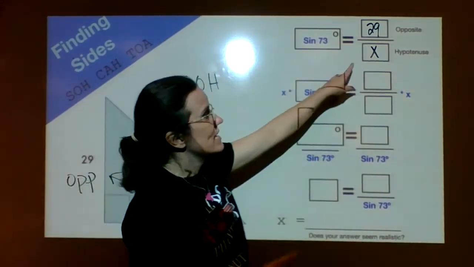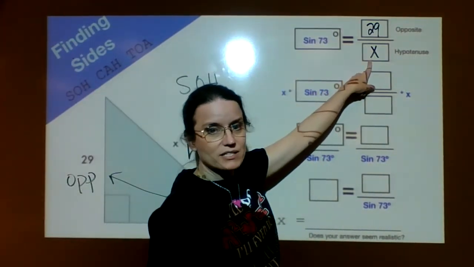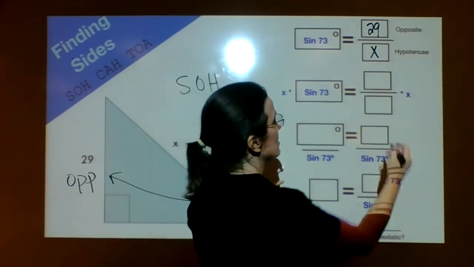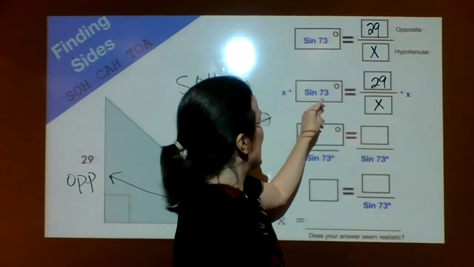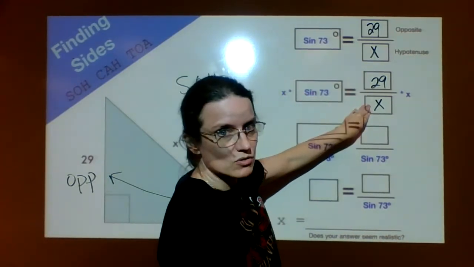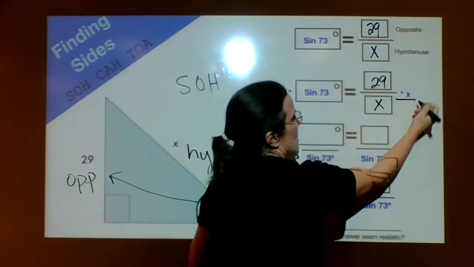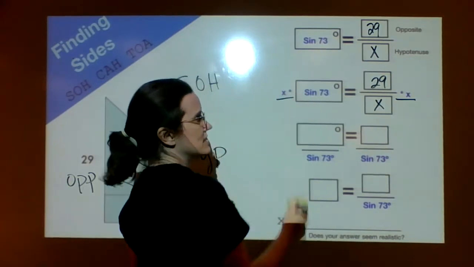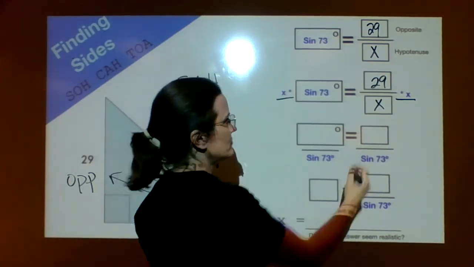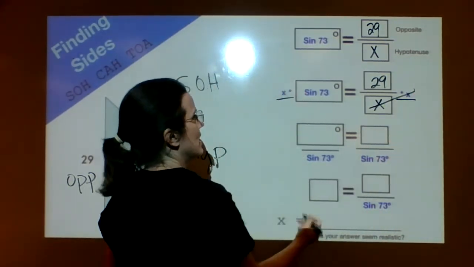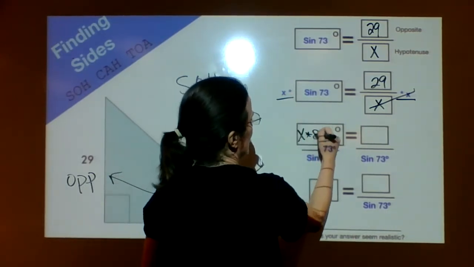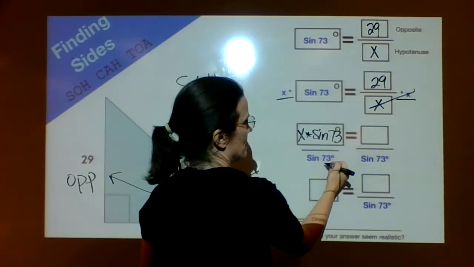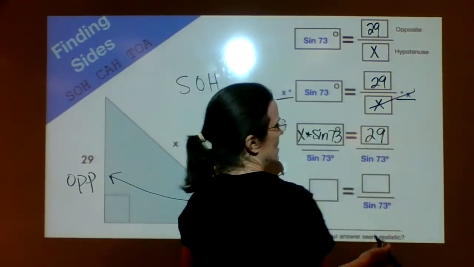And so I want to get x off the bottom of the fraction. To get anything off the bottom of the fraction, you're going to times by that thing. So I have the sine of 73 equals 29 over x. I'm going to times by x on the right and times by x on the left. These will cancel out, and I'm left with x times the sine of 73 equals 29.